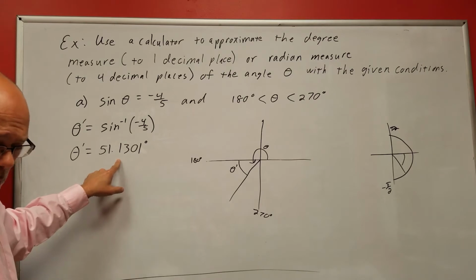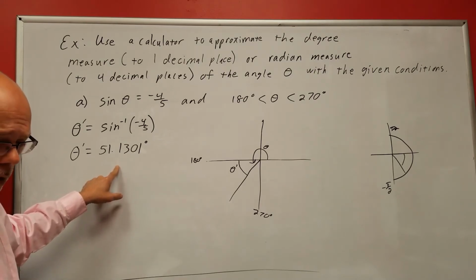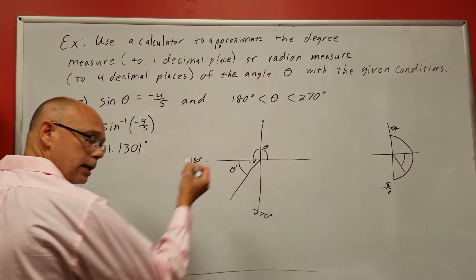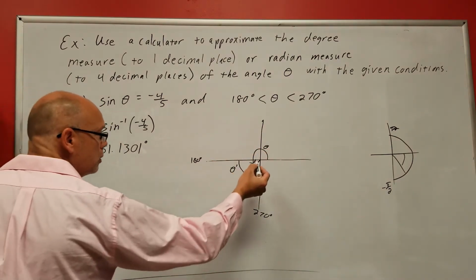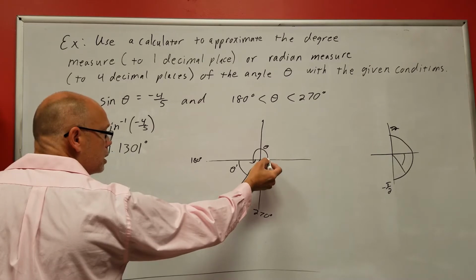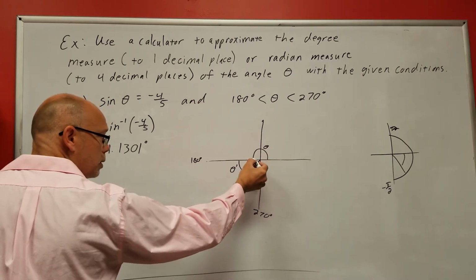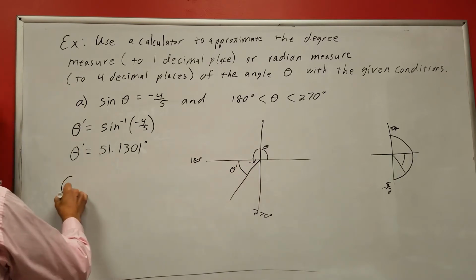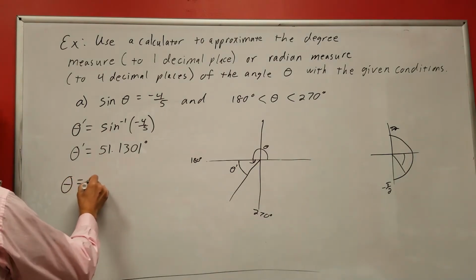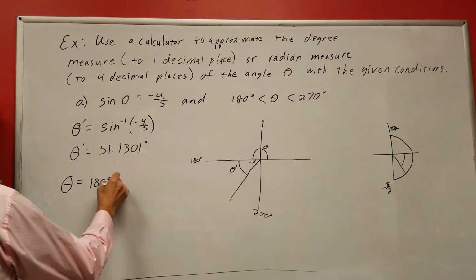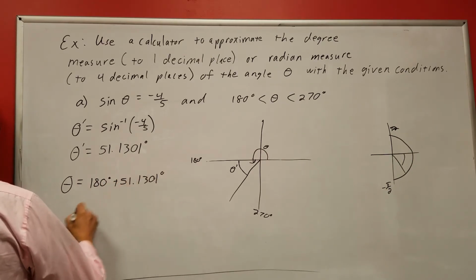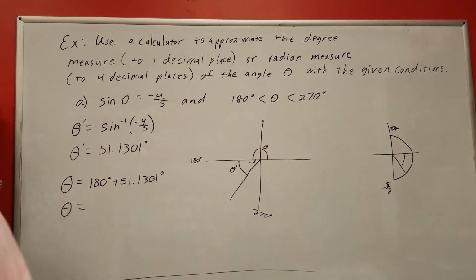Okay. Now, what do I need to find though? I need to find theta itself. So theta is 180 degrees plus this much more. So theta itself, not theta prime this time, is going to be 180 degrees plus 51.1301 degrees. And what do I get whenever I calculate this?